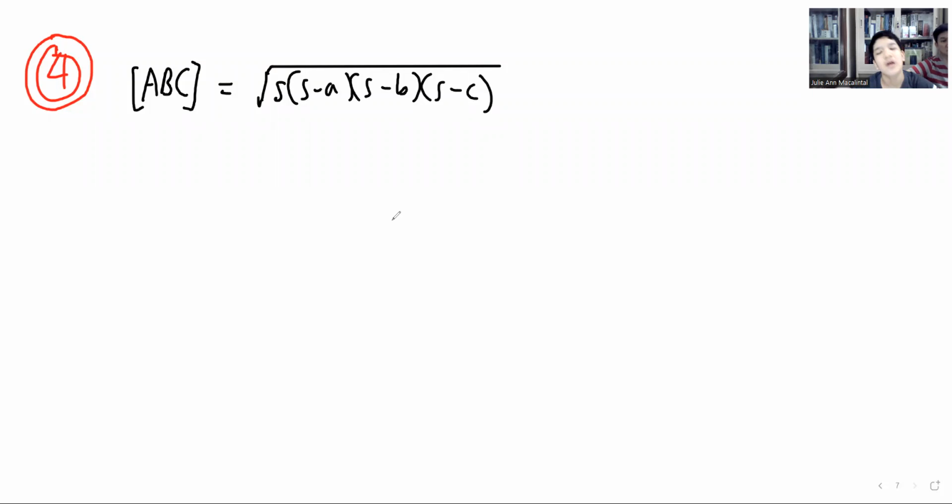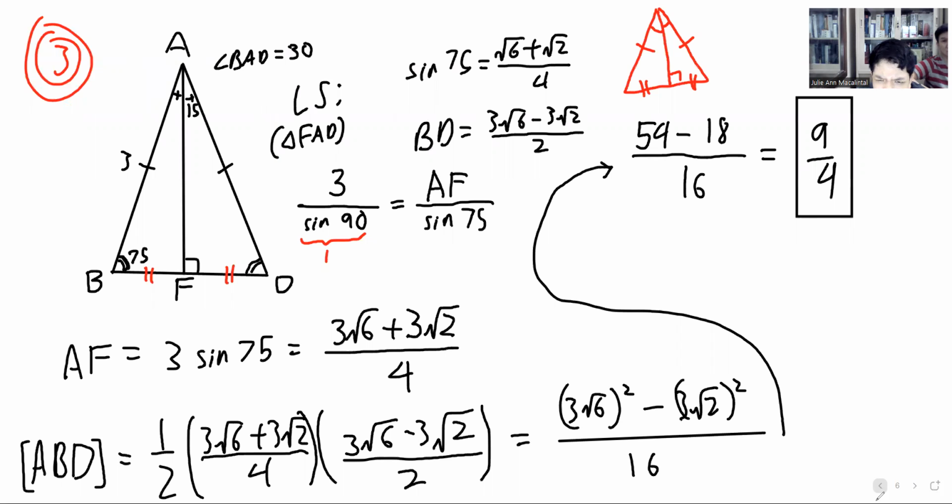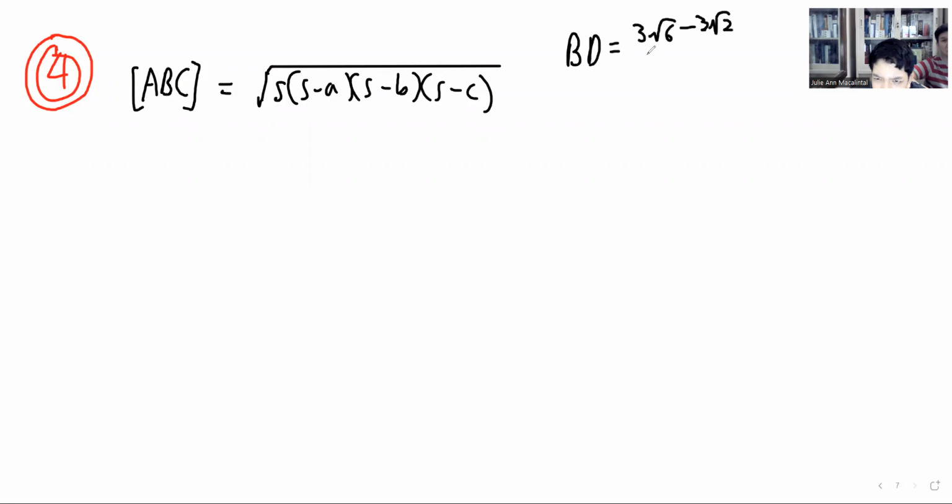There. Okay, so we already know what BD is. I'll just append BD. BD equals 3 square root of 6 minus 3 square root of 2, and then I already forgot which was that denominator. Over 2.